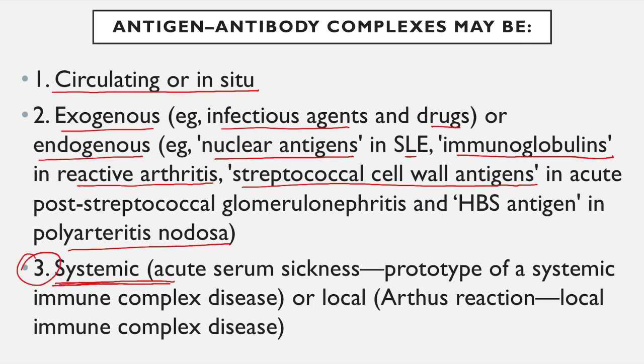An example of a systemic complex is acute serum sickness, which is the prototype of a systemic immune complex disease, or a local adverse reaction, local immune complex disease.